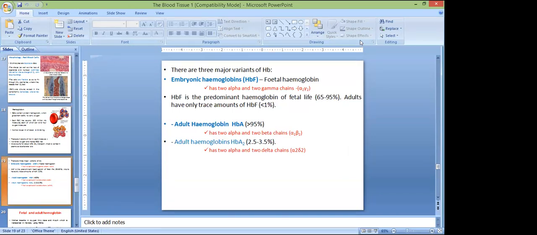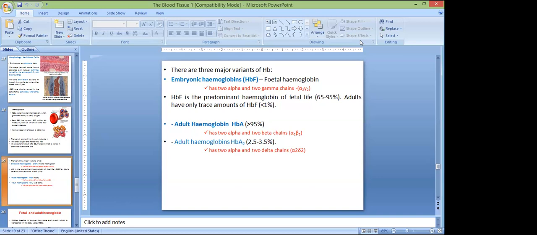So as adults, it's alpha and beta. 2 alpha chains, 2 beta chains. For kids, it's 2 alpha chains and 2 gamma chains. The major difference between these two is that the fetal hemoglobin has more affinity for oxygen than the adult hemoglobin. And it makes sense.